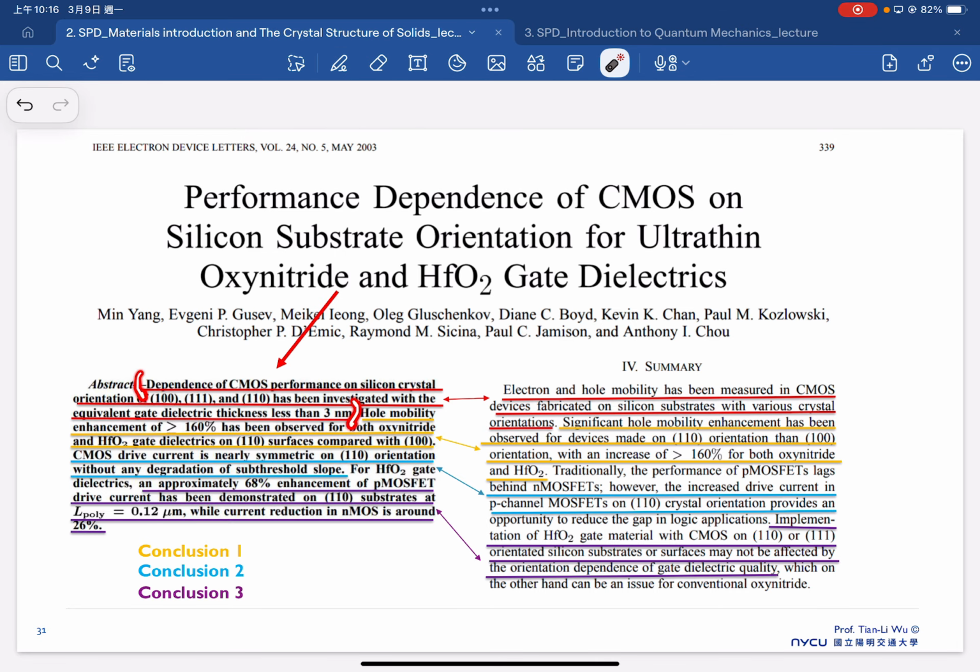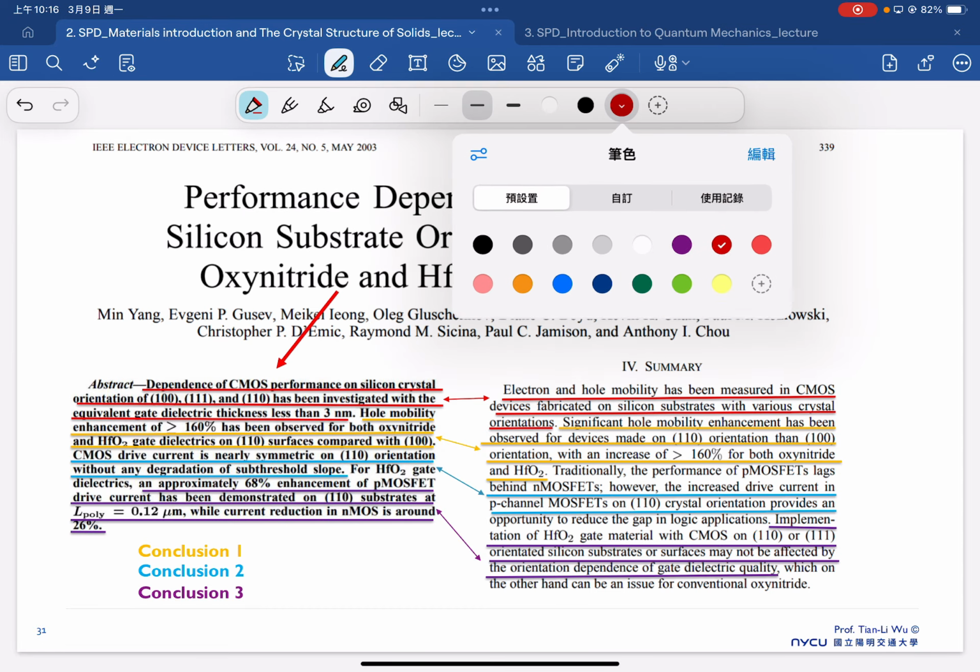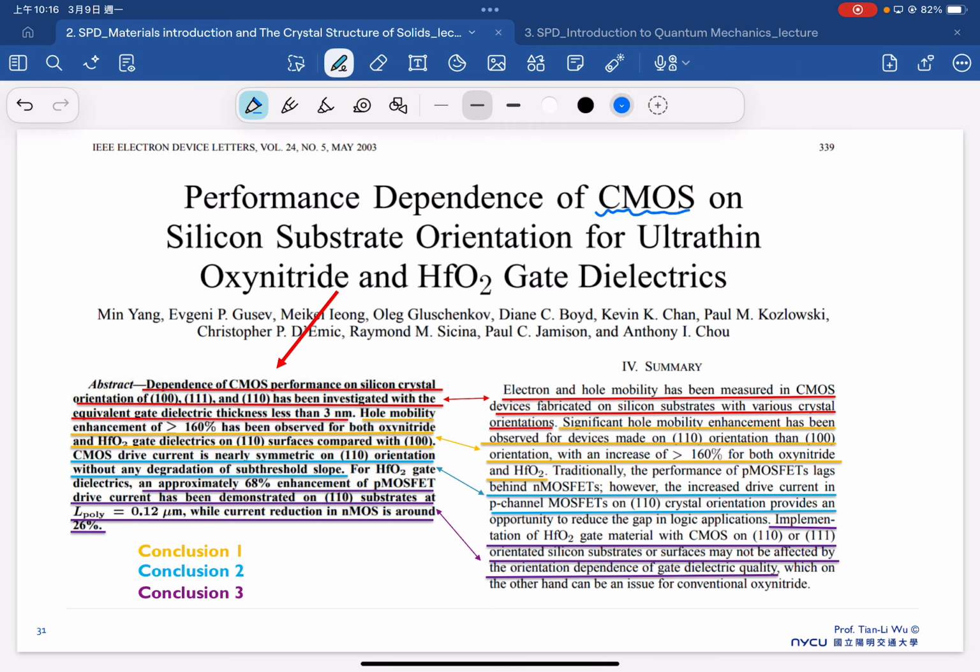To be honest, if you read in detail, this sentence is just a rephrasing coming from the title. The title mentioned the CMOS, orientation, and then the dielectric.